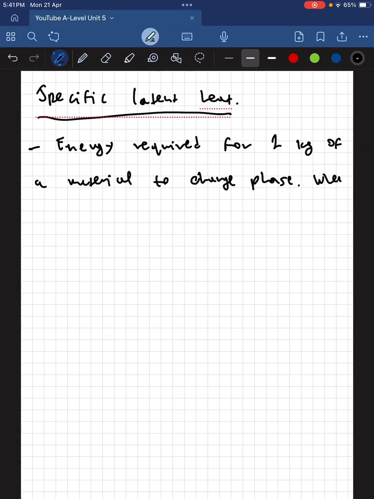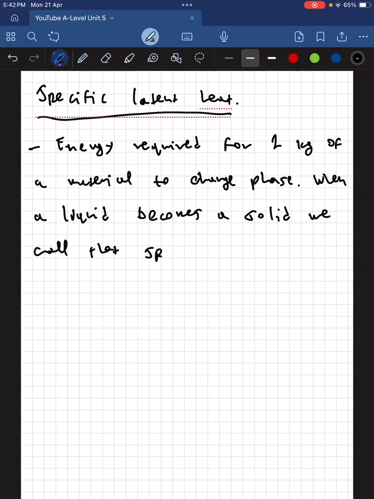So when a liquid becomes a solid, we call that specific latent heat of fusion. Why is that?